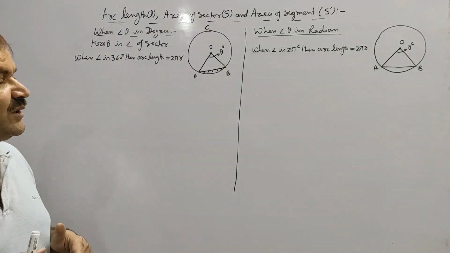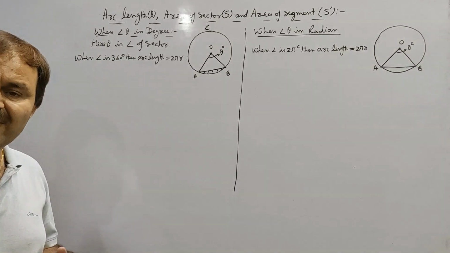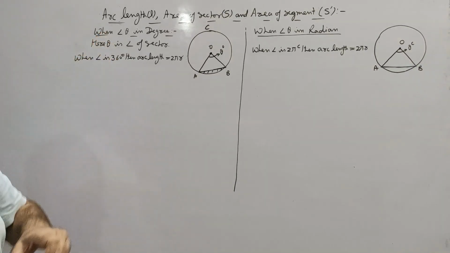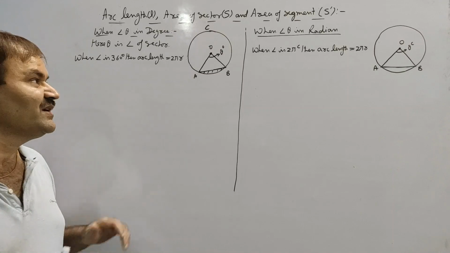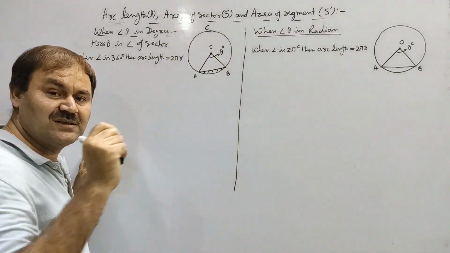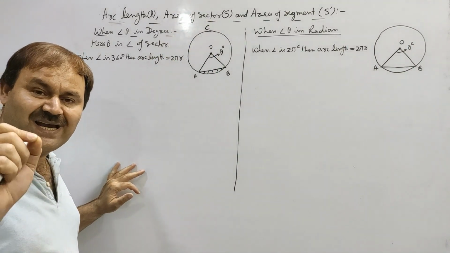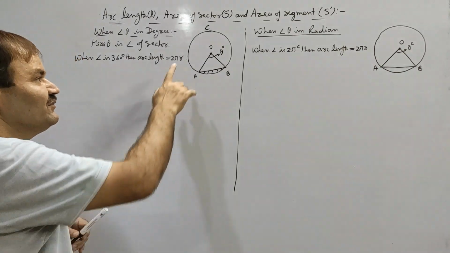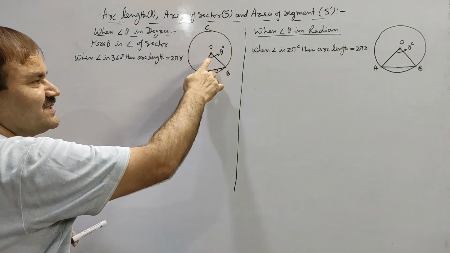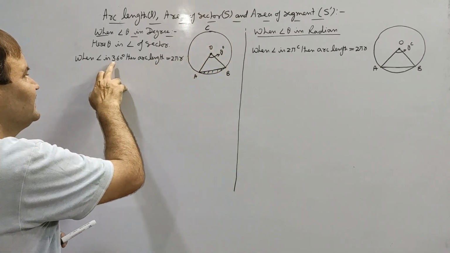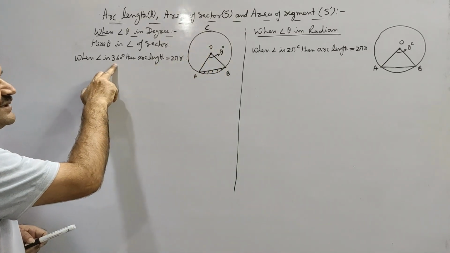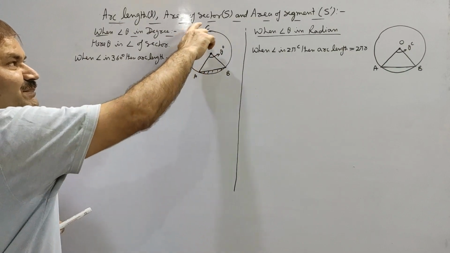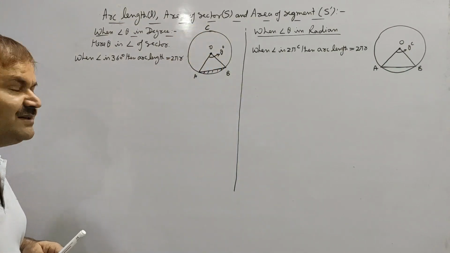Now we will find out the expression for arc length. If the angle made by the circle at center is measured in degree, then for an angle of 360 degree subtended at the center, the arc length will be the complete circumference of the circle.